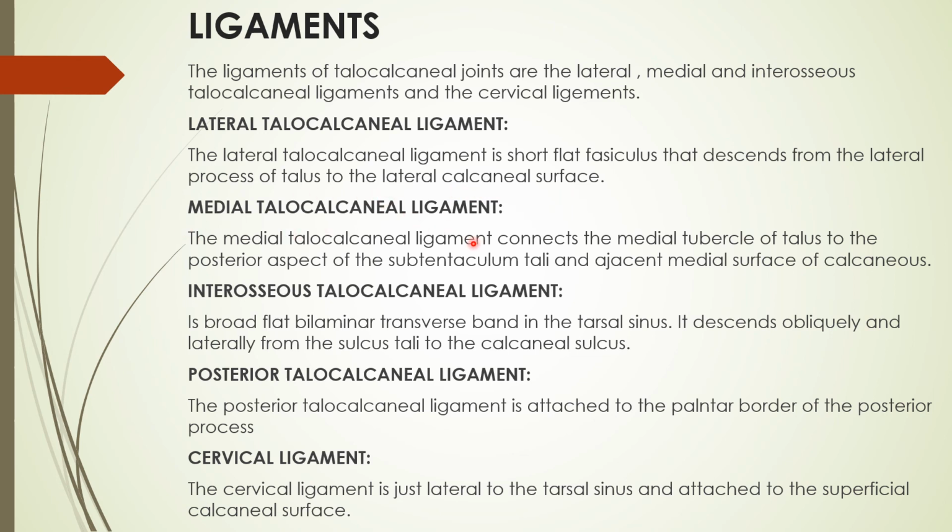The medial talocalcaneal ligament connects the medial tubercle of the talus to the posterior aspect of the sustentaculum tali and the adjacent medial surface of the calcaneus. The interosseous talocalcaneal ligament is a broad, flat, bilaminar transverse band in the tarsal sinus. It descends obliquely laterally from the sulcus tali to the calcaneal sulcus.